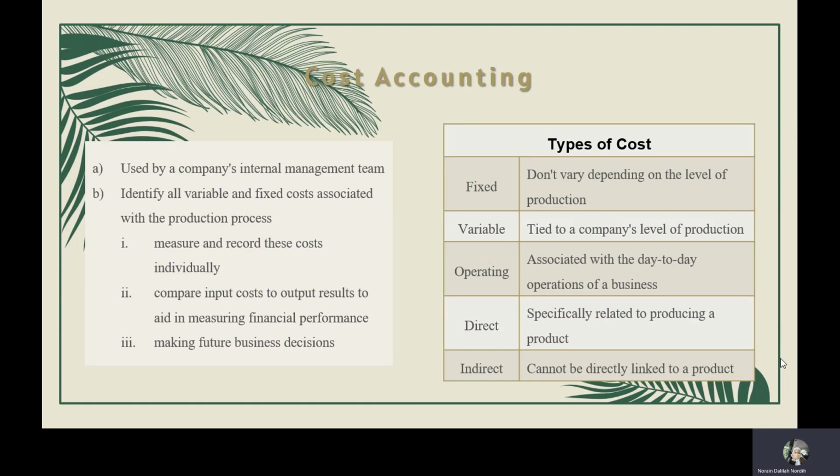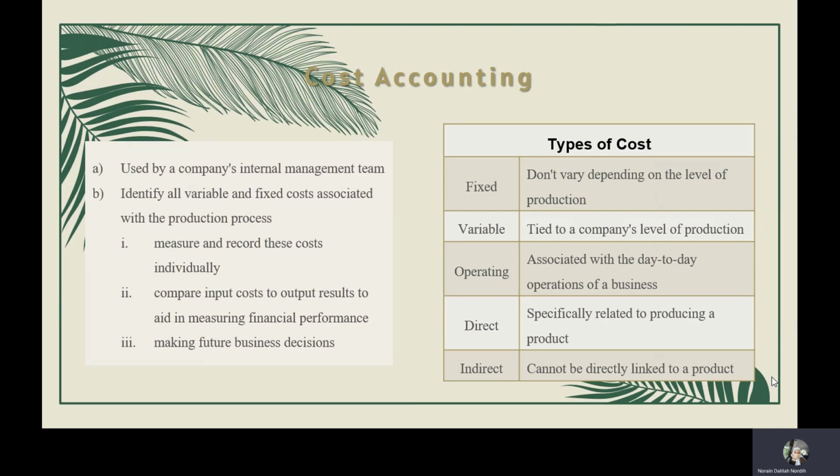The example is if a coffee roaster spends 5 hours roasting coffee, the direct cost of the finished product includes the labor hours of the roaster and the cost of the coffee beans. The last one is indirect cost. It is related to the direct cost, but cannot be directly linked to a product. In the coffee roaster example, the energy cost to heat the roaster would be indirect because it is inexact and difficult to trace to individual products.